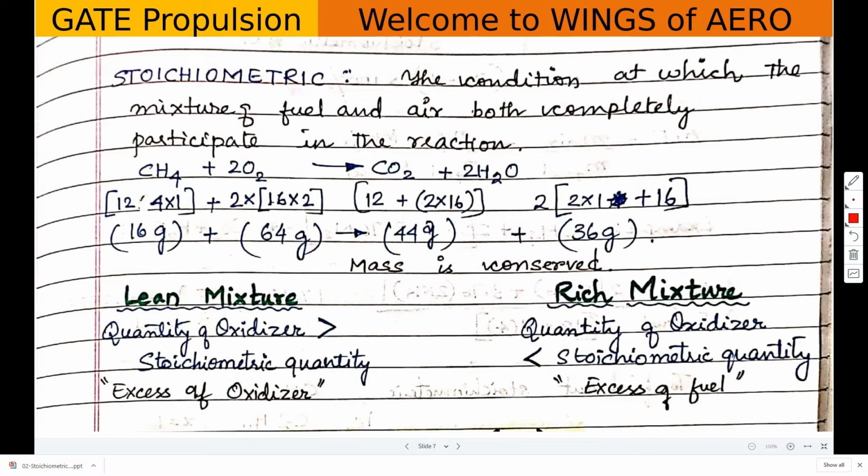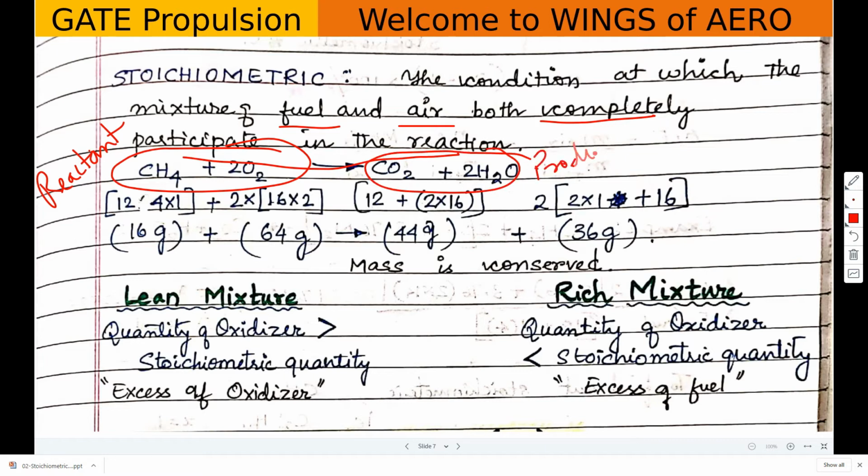Stoichiometric is the condition at which the mixture of fuel and air both completely participate in the reaction. Here the reactant is CH4 plus 2O2, and the product is CO2 plus 2H2O. Stoichiometric means that when there is complete combustion, when the fuel and air are mixed, that ideal mixture is called a stoichiometric mixture.